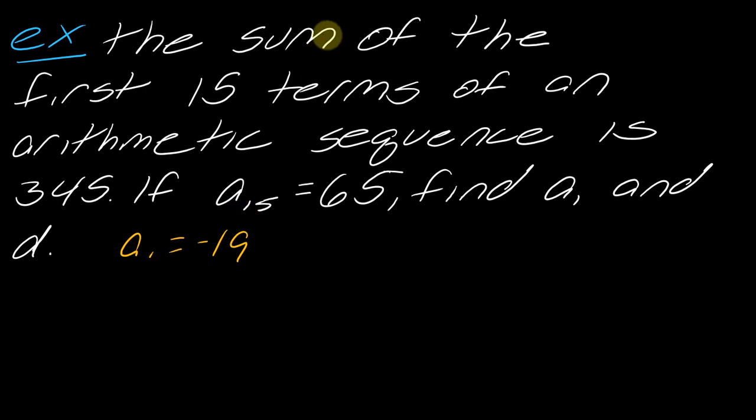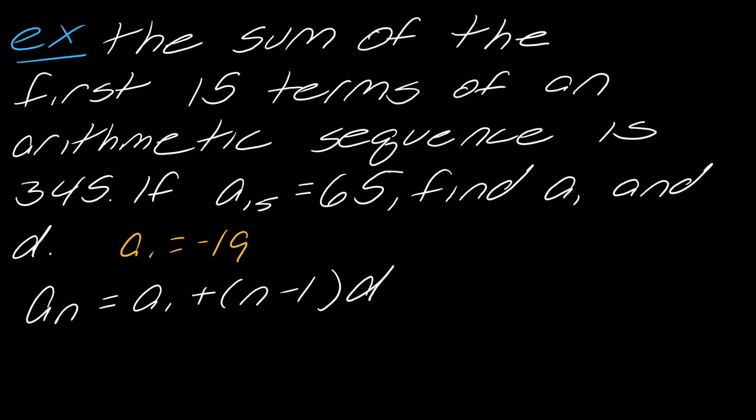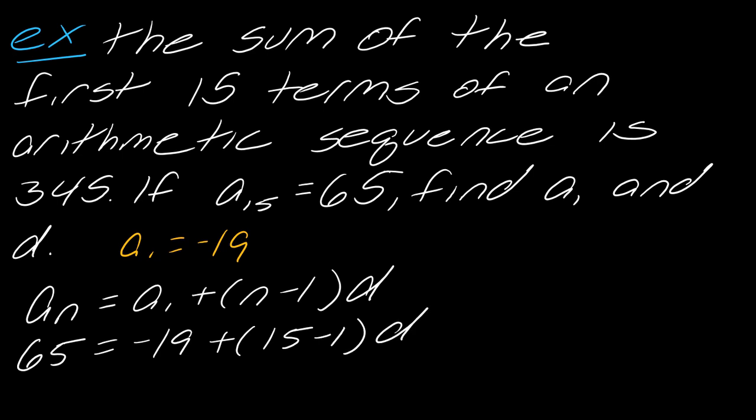So we have the other formula with sequences. Remember that formula was a sub n equals a sub 1 plus n minus 1 times d. So if I know this a sub 15, now I can leverage my sequence formula to figure out d. So if the 15th term equals 65, that's found by taking negative 19 plus 15 minus 1 times whatever that common difference is.